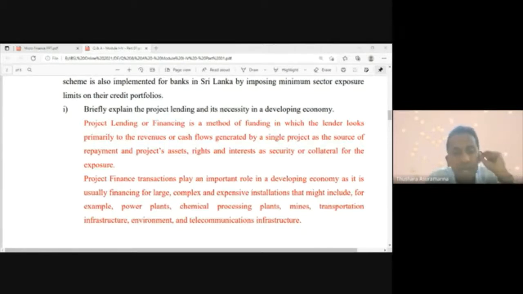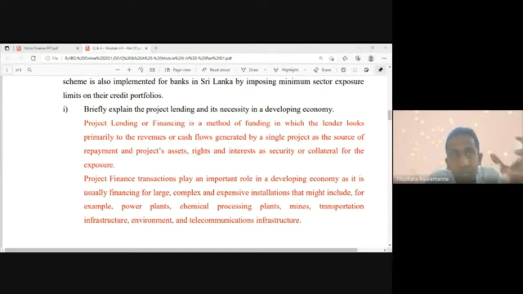That also you can bring here, because balance sheet financing is basically applicable to asset financing or working capital financing. But here we are predominantly dependent on customers' cash flows, project cash flows, rather than the balance sheet strength. That's another point you can bring.